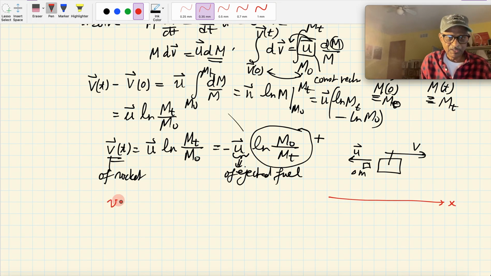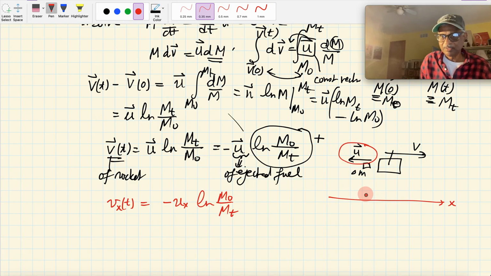Then this is going to be vx at t minus ux log m0 over m(t). And if u is pointed that way, then of course ux will be minus u, u being the magnitude, okay? So this is going to be plus u log m0 over m(t). u is greater than 0, it is the magnitude.